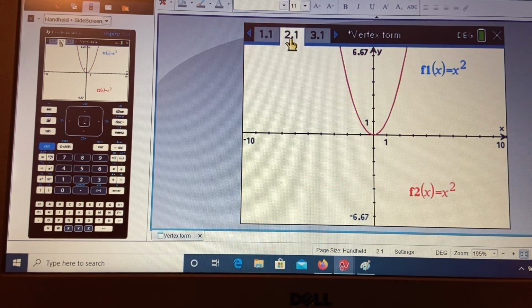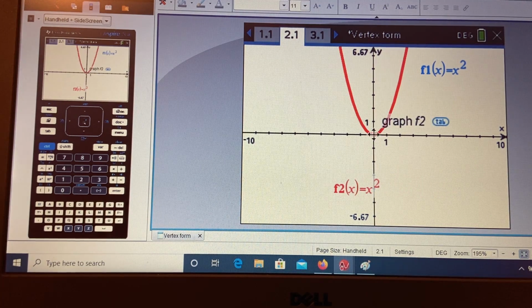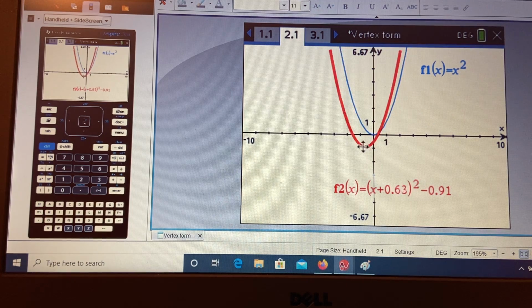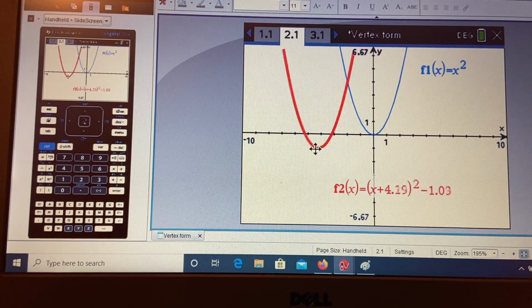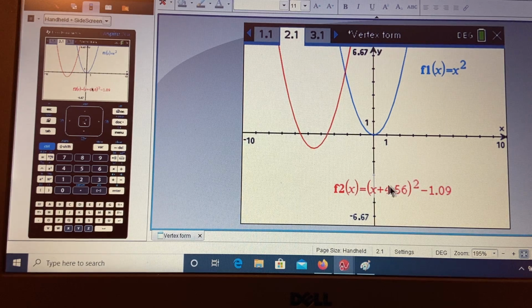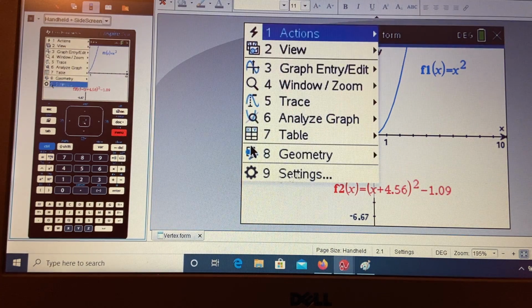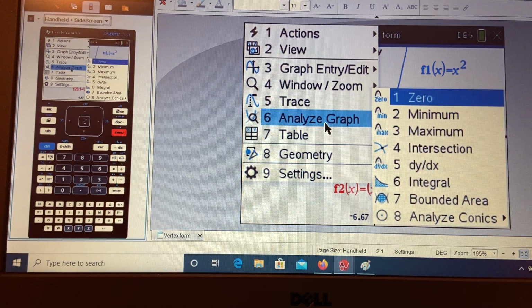So let's look at another one. I have the same situation up here. We have our new graph that we're going to move. So let's move that red graph, and let's move it over here. So there is our equation. Now in this one, we did not change the a value, so it does not have a number in front of the x squared. So it's the same size as our parent function. So let's go ahead and find the vertex on this one.